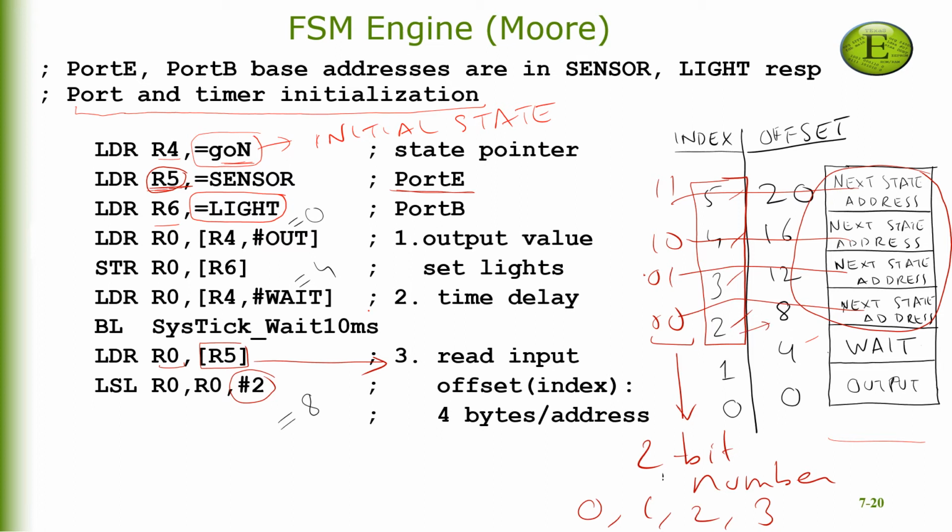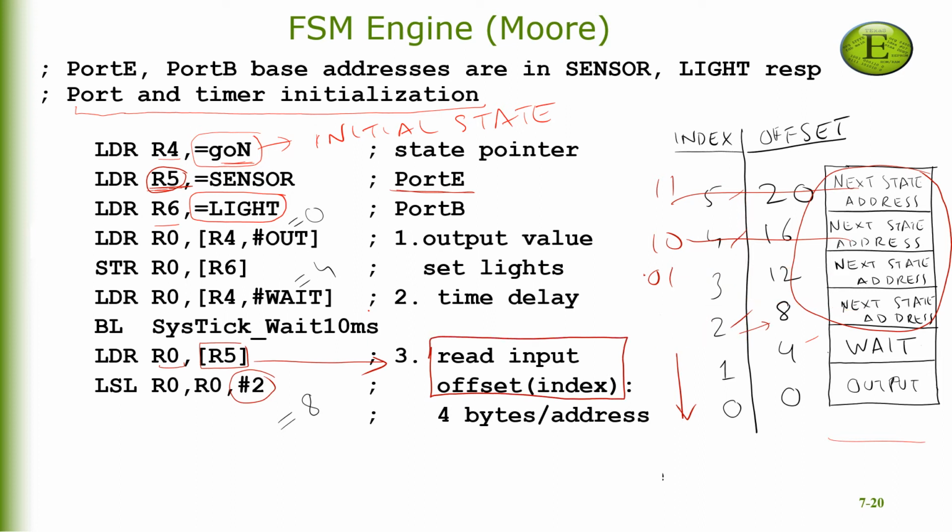So the best way to do this is as follows. Instead of working with indices, we work with the offset. So read input and convert the input into the offset. We know that the indices correspond to the offset when we multiply them by 4.